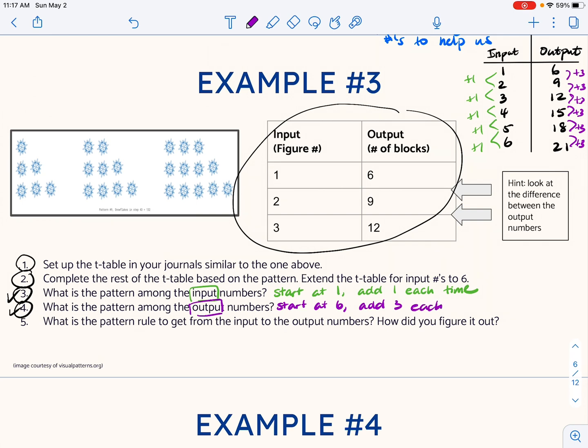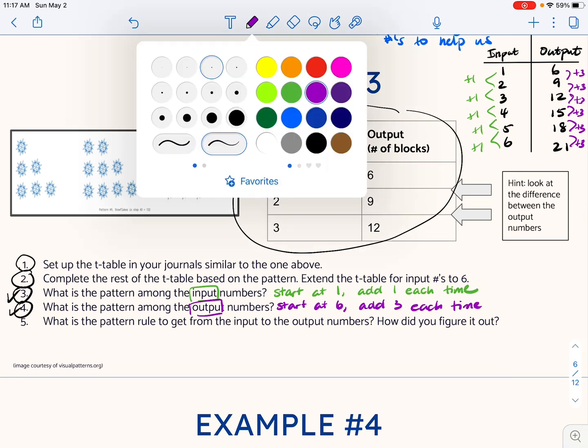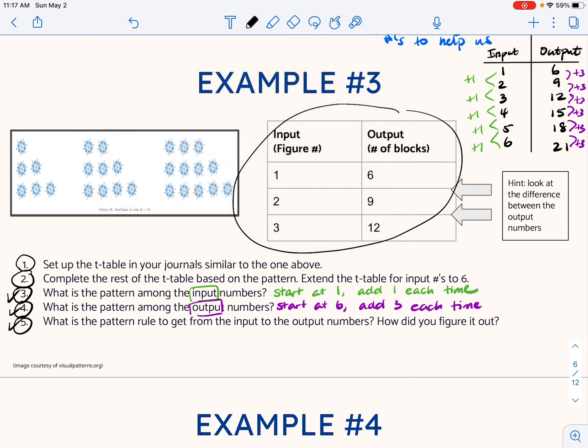This pattern amongst the output numbers will help us in the next step, number 5, because you have to figure out what you're doing to get from the input to the output. Because we want to always be able to predict what the output is based on what the input number is, because that's the pattern we're trying to figure out.